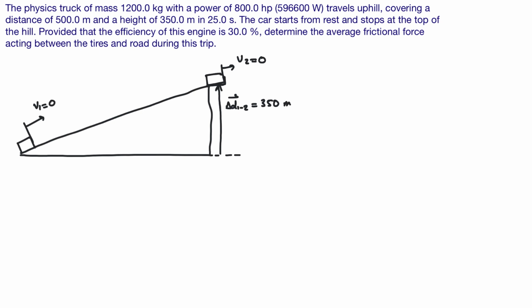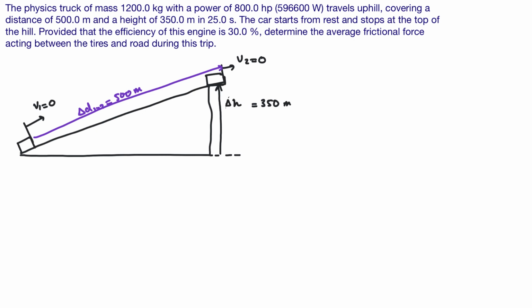And basically the distance it travels, this distance here, in another direction, I'm just going to write distance from 1 to 2, no arrows, is 500 meters. Okay, good. And if you want, instead of this, you can just write this is the change in height. And that might actually make things a little bit easier.